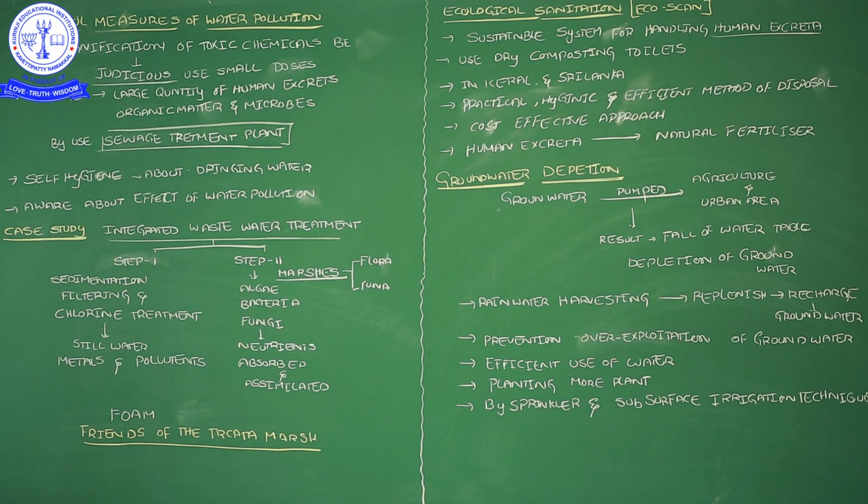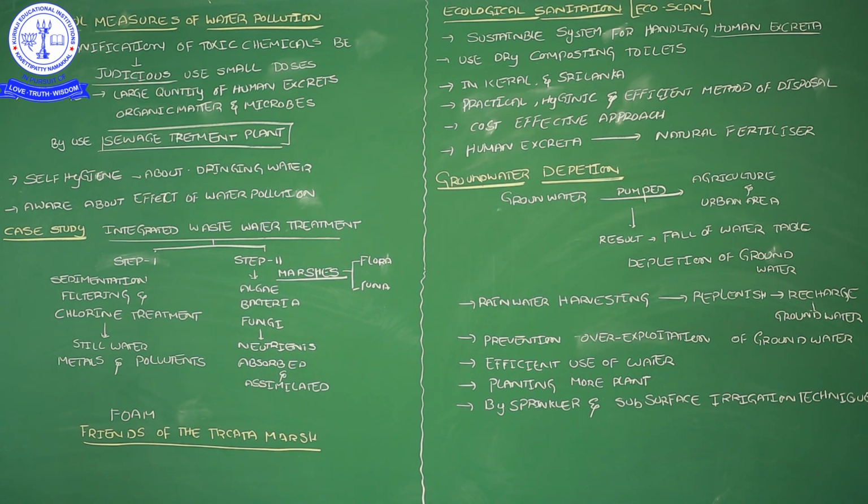Human excreta are converted into natural fertilizers. After decomposition, they can be used as manure, which improves soil fertility. So what I have said is that ecological sanitation is nothing but proper purification of the ecosystem. Just as we now use sanitizers to purify our hands and avoid bacterial contamination, here we sanitize water from human waste.